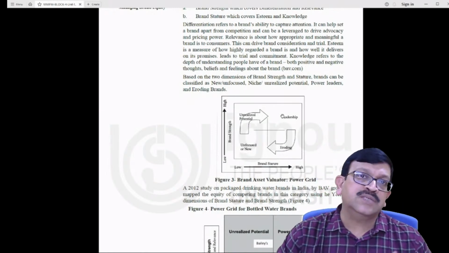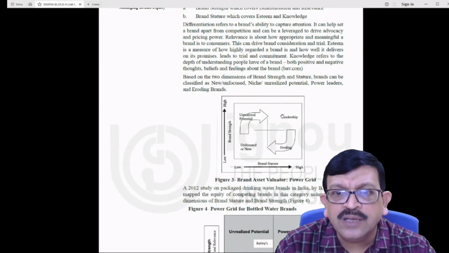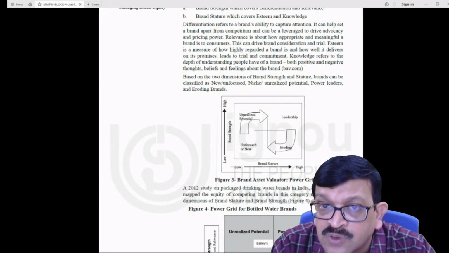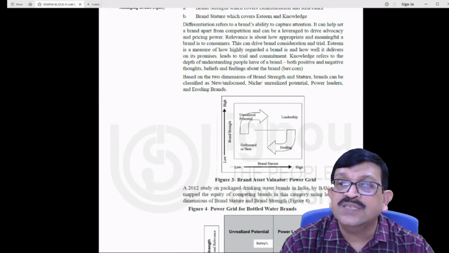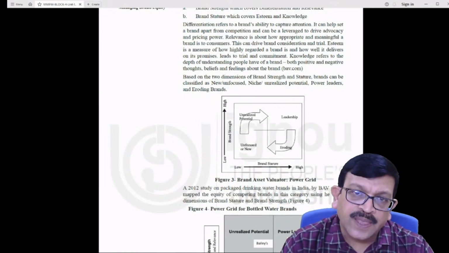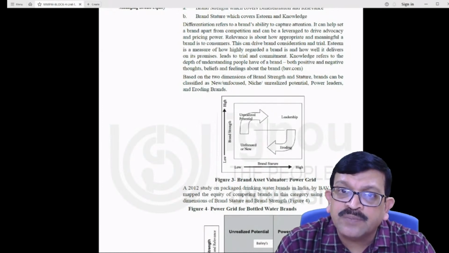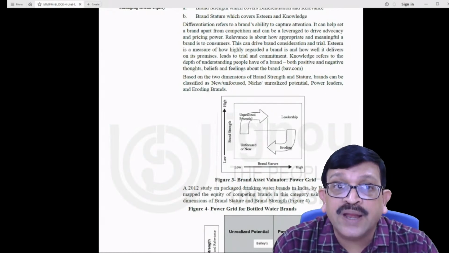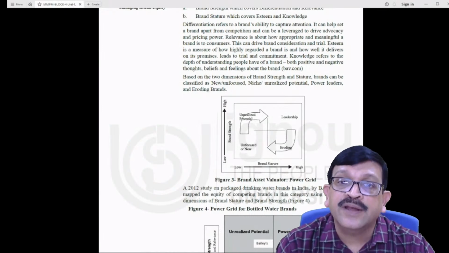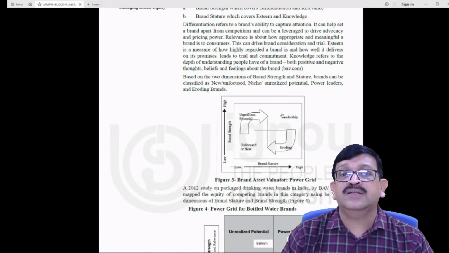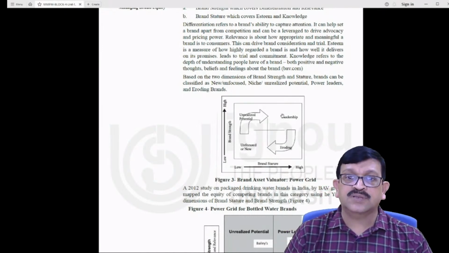But then power is not guaranteed for all times to come, because you are always exposed to the competitors. Competitors can come up with a better substitute, or better innovated brands. So is your brand able to keep up with the current requirements, demands, tastes and preferences of the customers?